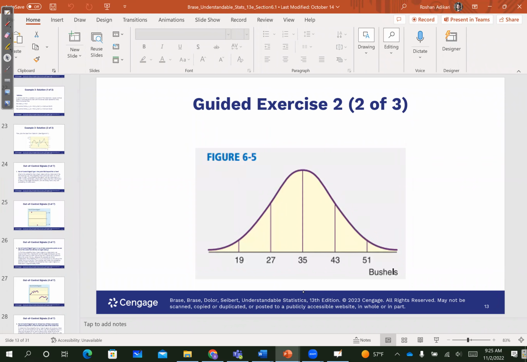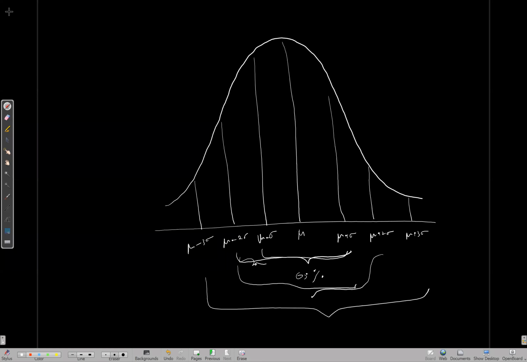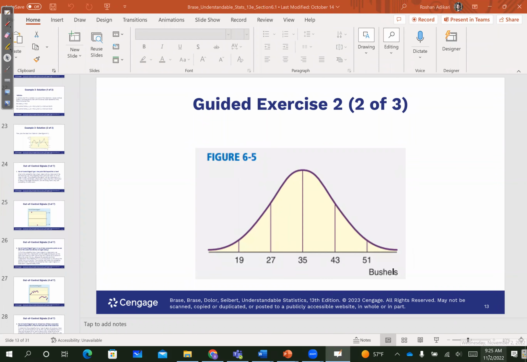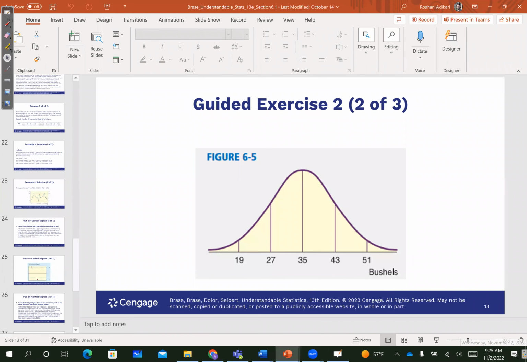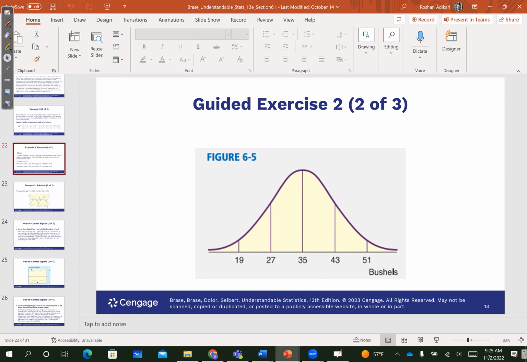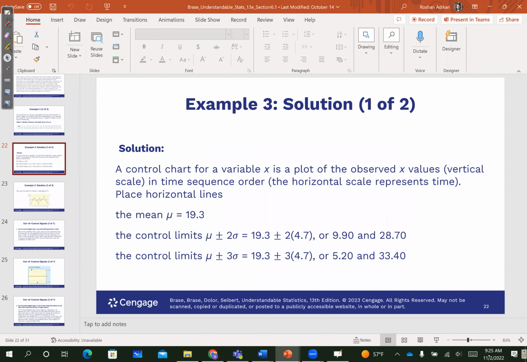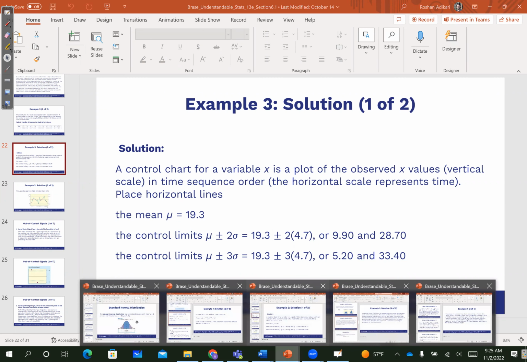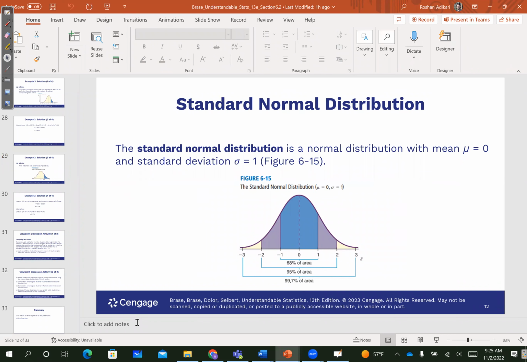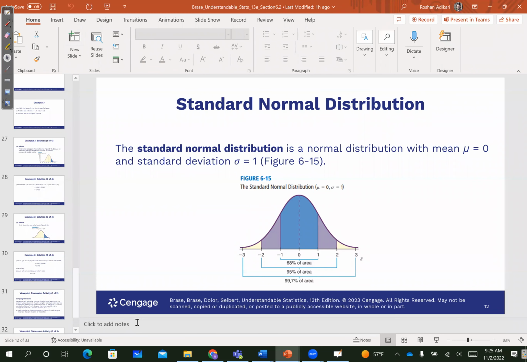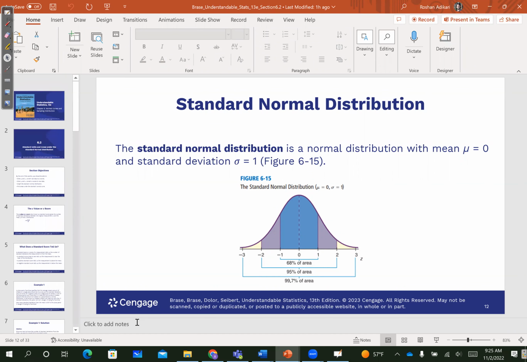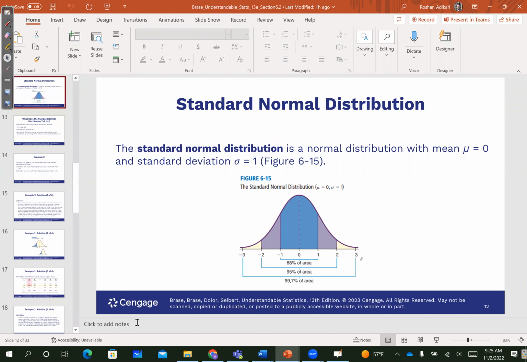Anyway, let me go to, give me a second here. Yep. No, here, see, slide 6.2.